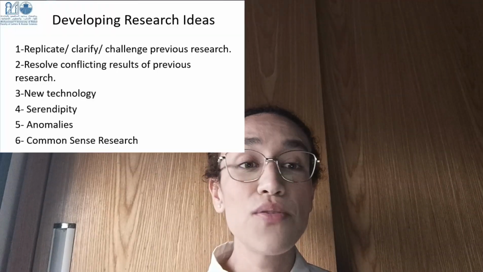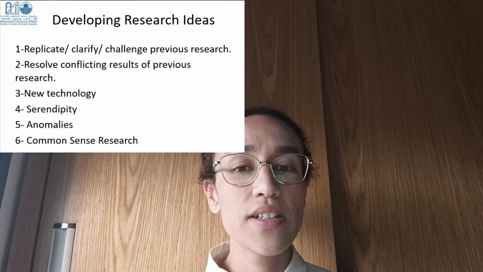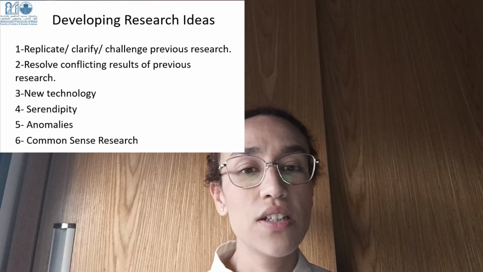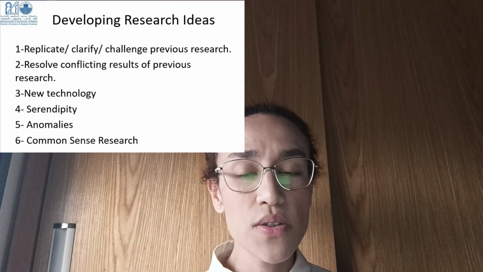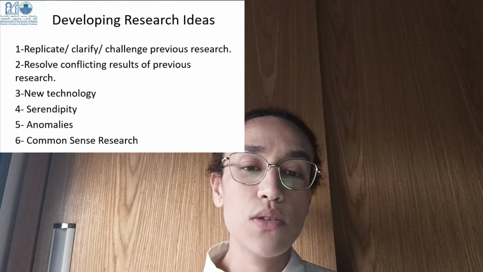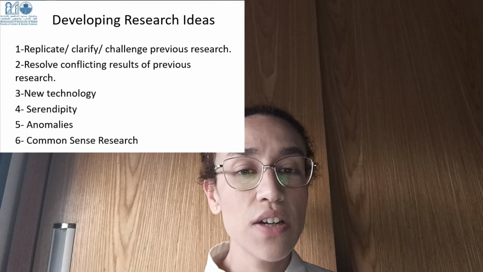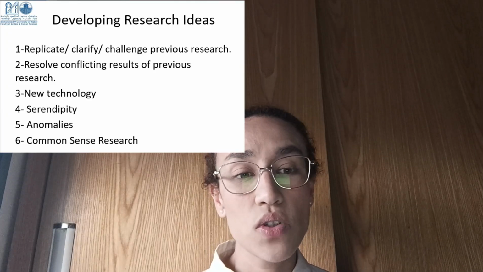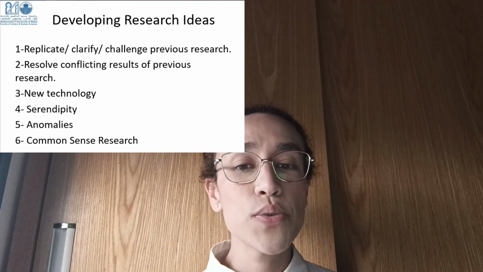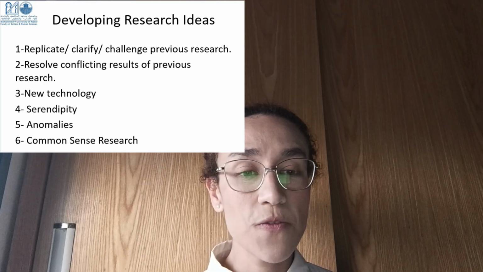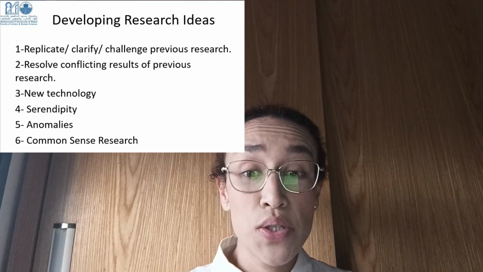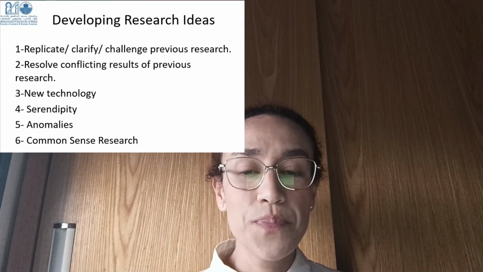Research ideas can come from different sources, such as replicating, clarifying, challenging previous research, or resolving conflicting results of previous research; new technology, for example studying the impact of social media on society; serendipity, which means surprise findings the researcher wants to explore further.